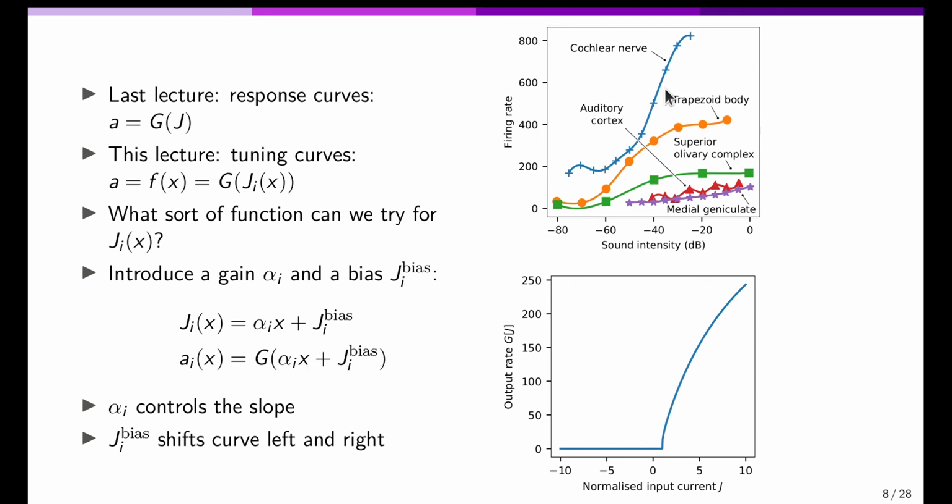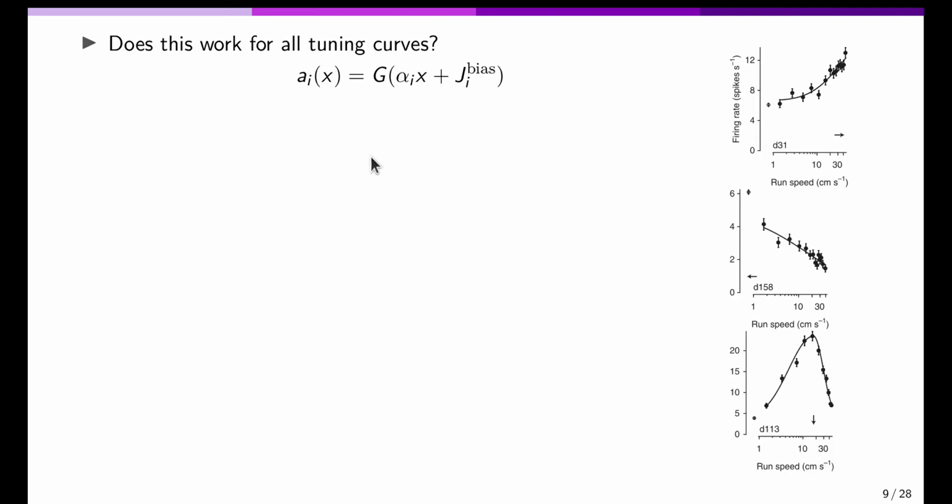Okay, and that works pretty well for these sorts of neurons. Doesn't work for everything. Well, it's going to work fine for this sort of thing. We can imagine it working fine for this. I mean, that's just exactly what we built here. Fine. What about this bottom one, or this middle one? This one where we've got the decreasing with X. Well, that should be fine as well.